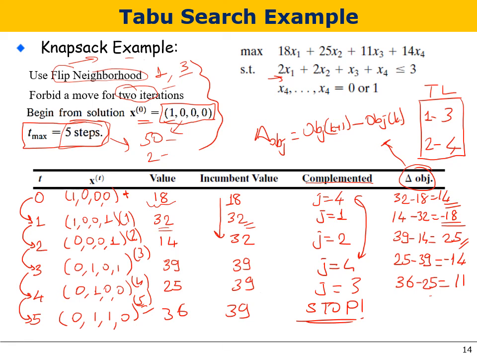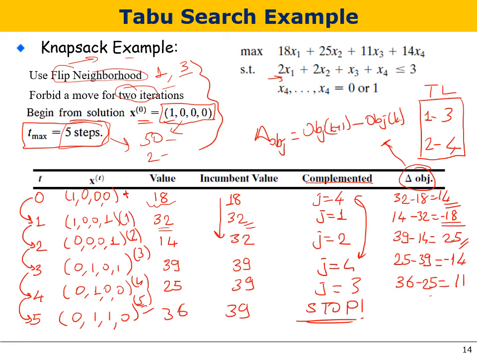And this is a Tabu search algorithm for the knapsack problem. If you want to solve the TSP problem or set covering problem or any other problem with Tabu search algorithm, you need to identify the neighborhood, you need to identify the Tabu list, how will you record these Tabu moves, what will be the length of the Tabu list, how will you find your initial solution.